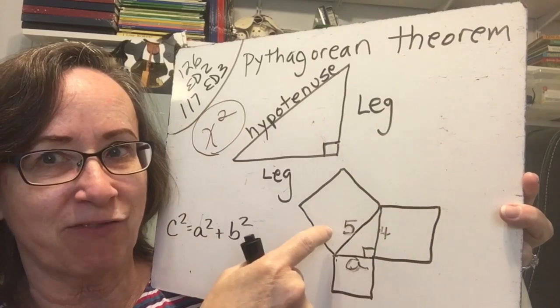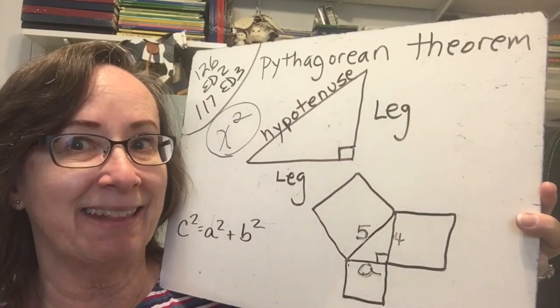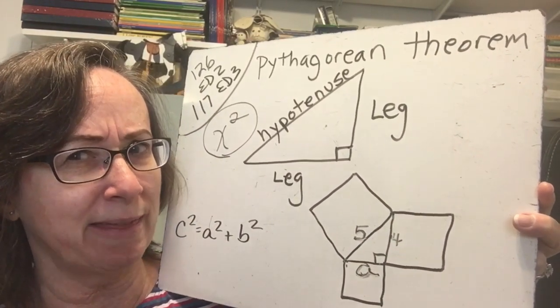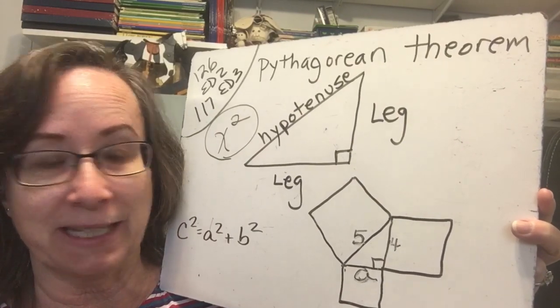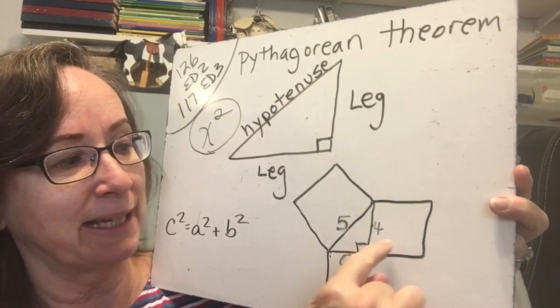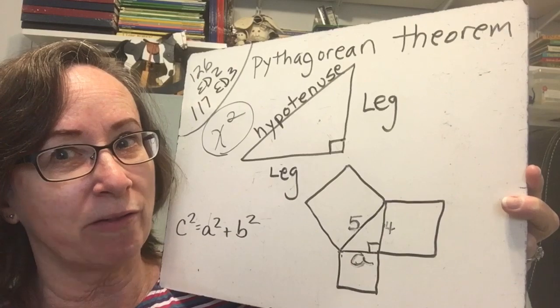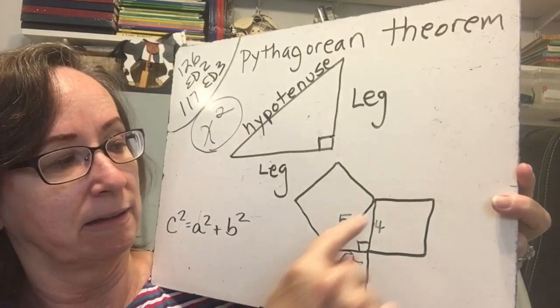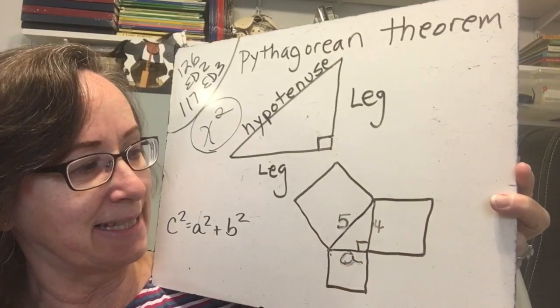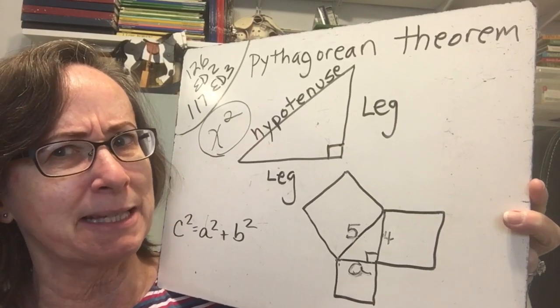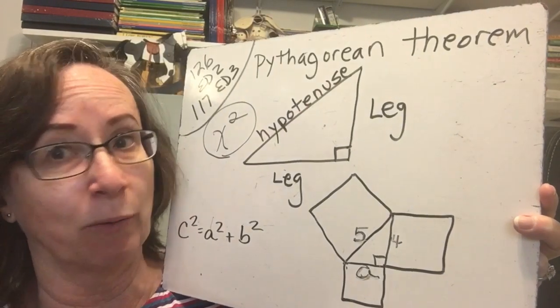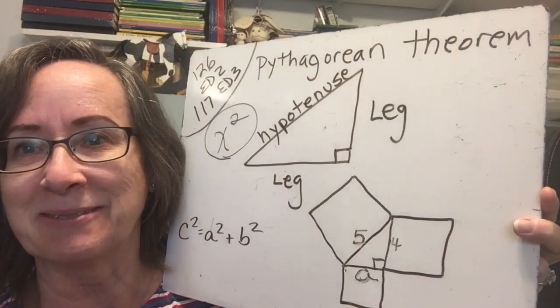And this hypotenuse is 5, which means that the square that goes with that hypotenuse would be 25, wouldn't it? And then this one is 4, so the square that goes with that leg would be 16. And then we've got this mysterious little a down here, and we don't know what a is.